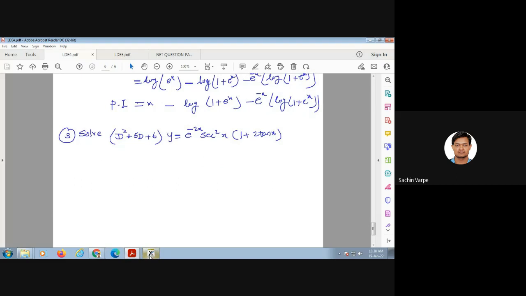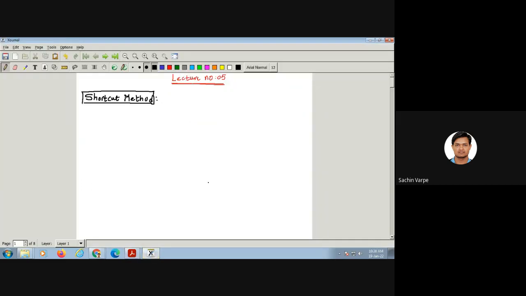So let us now proceed with the next method, that is the shortcut method. If anybody wants to ask any doubt regarding the general method, they can ask. Any doubt? Shall we proceed with the shortcut method? Everyone please do reply in the chat box. Everyone?